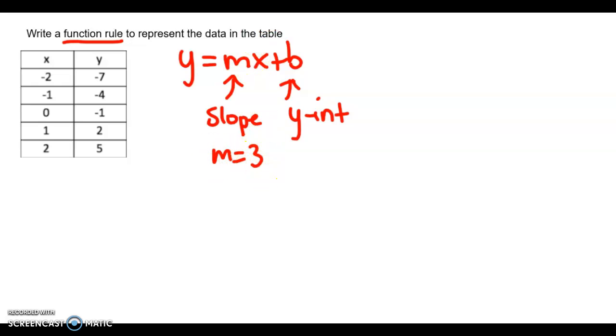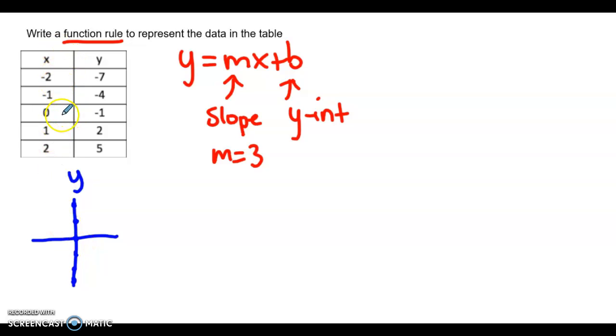So what I still have to do is find the y-intercept. Now, if you think about a graph, the y-intercept is where it touches the y-axis. No matter where the point is on the y-axis, all of those points have an x value of 0 because they don't go positive in the x direction or negative in the x direction. They are right on 0 for an x value.